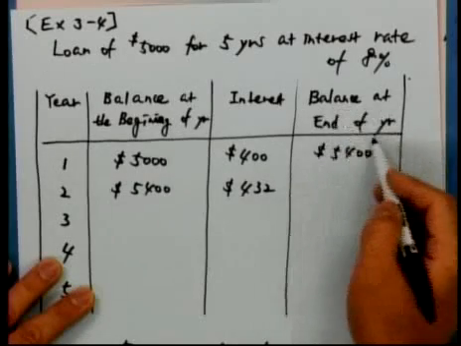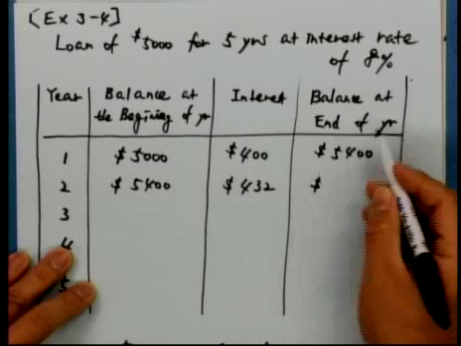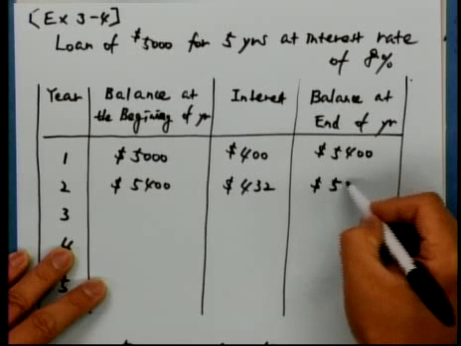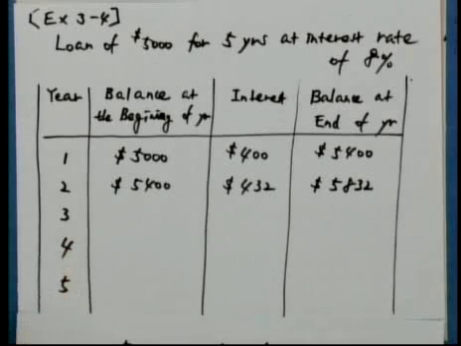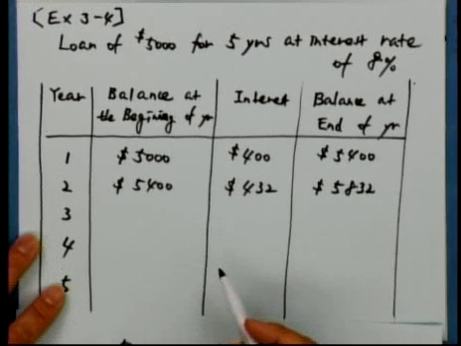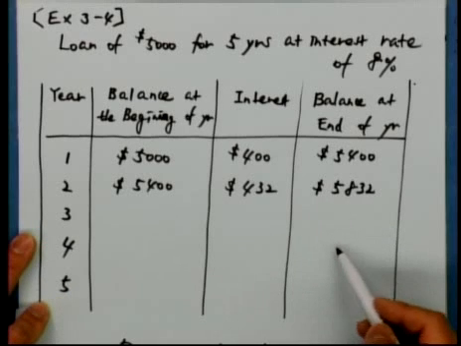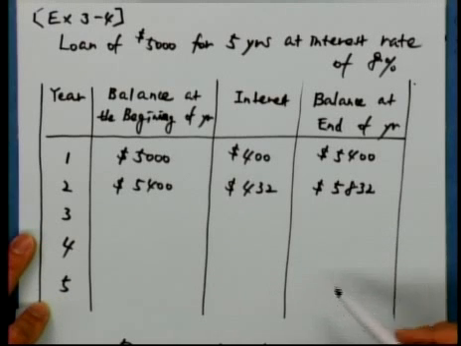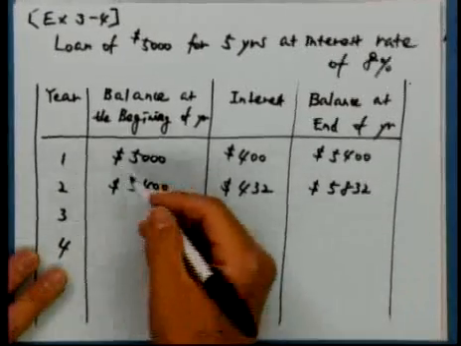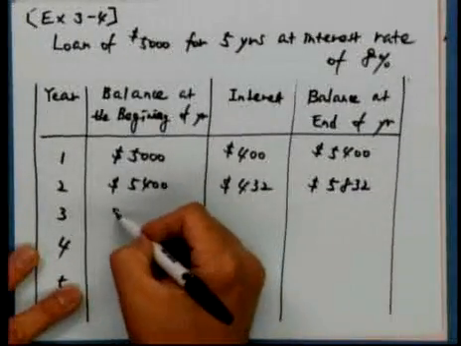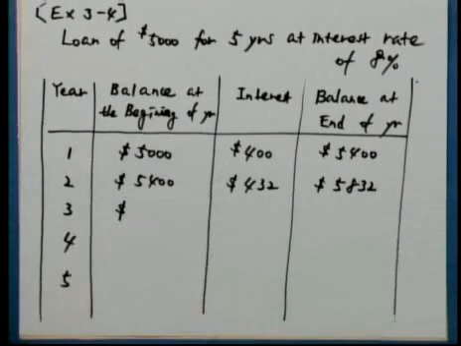So at the end of year 2, the balance would be $5,832. Likewise, you may obtain the amount due at the end of the third year, fourth year, and fifth year. Let me just provide you those numbers, but you've got to double check it by yourself at home.